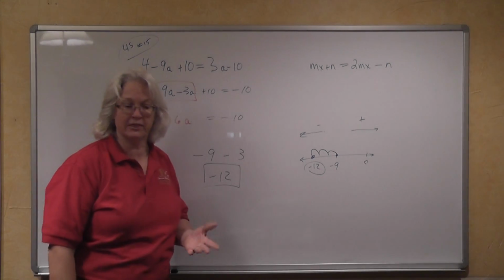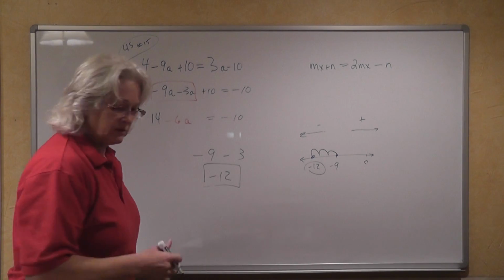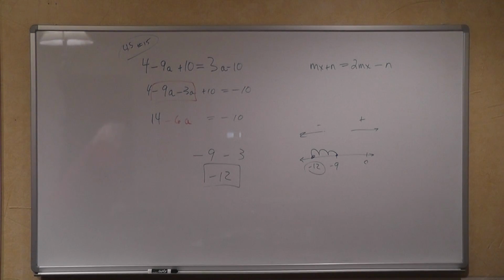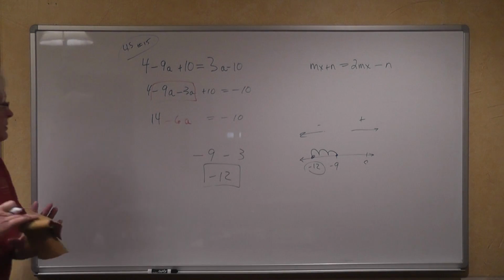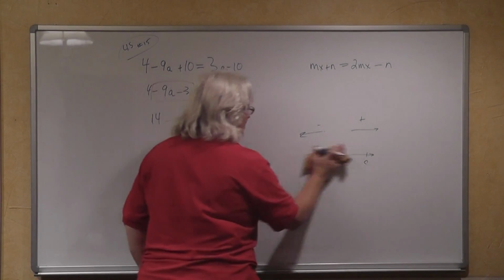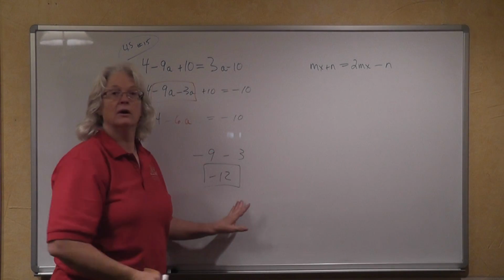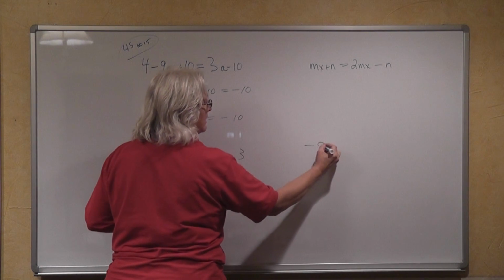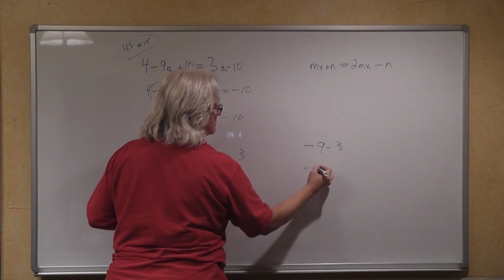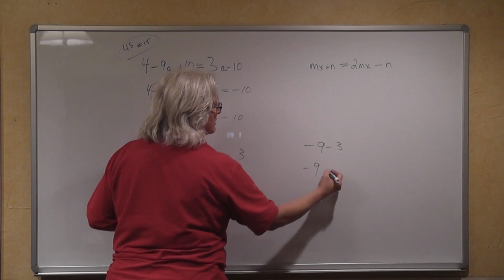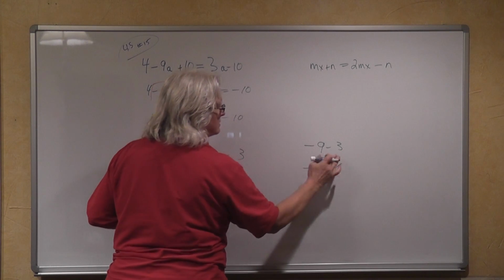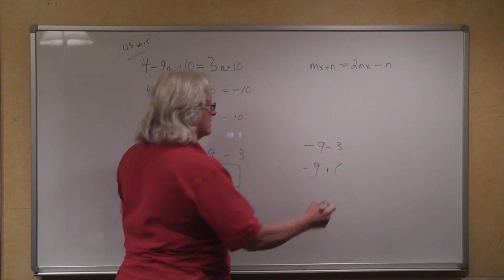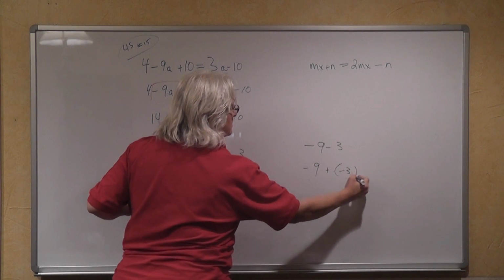Another way that you can think of this, as they begin teaching in pre-algebra, is that subtraction here is the same as adding the opposite. So you have a negative 9 minus 3. Instead of subtracting a positive 3, we're adding the opposite.